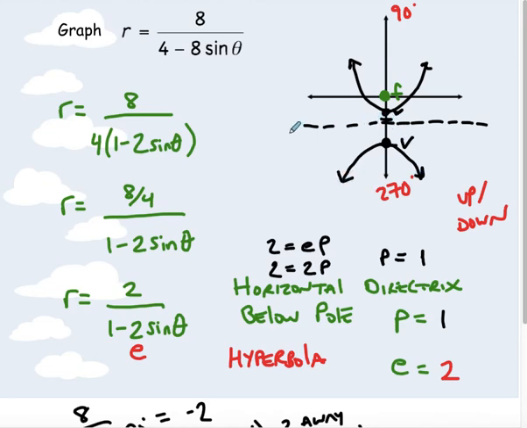And you see it's pretty clear that this directrix is not halfway between the two vertices. So just don't make that assumption.